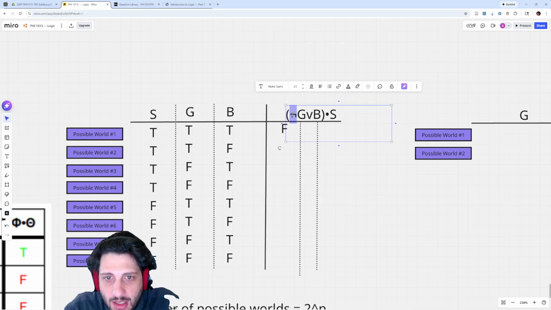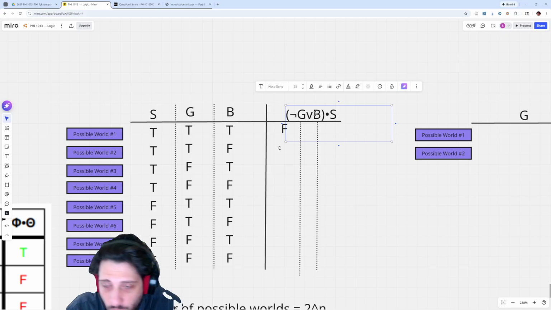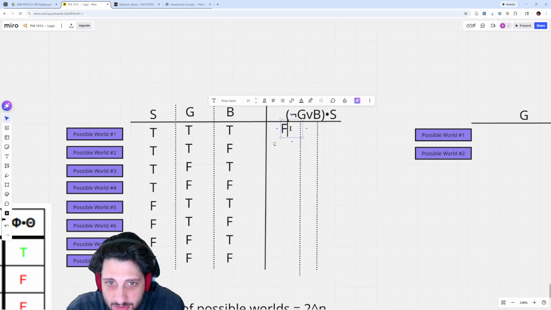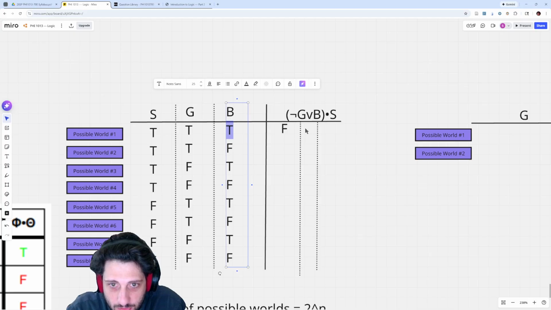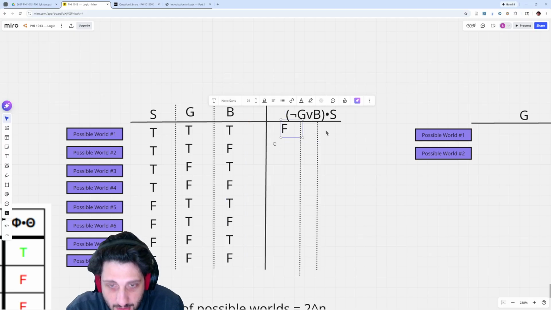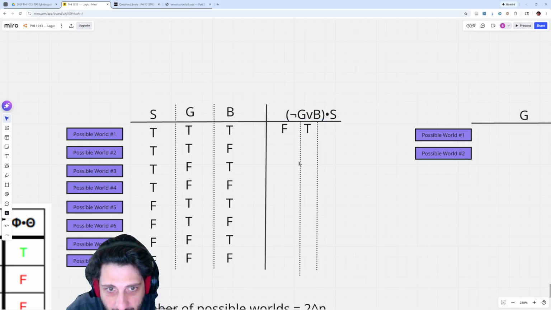So what about the statement not G or B? Well, it's an or statement, so it's true just in case either its left-hand side or its right-hand side is true. Its left-hand side is this not G, which is right here, and that is false. Its right-hand side is B, and that's true. So in the column here for the or, we're going to put a true, because its right-hand side is actually true.